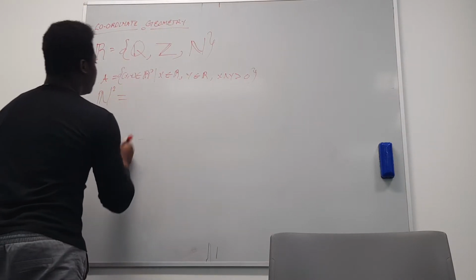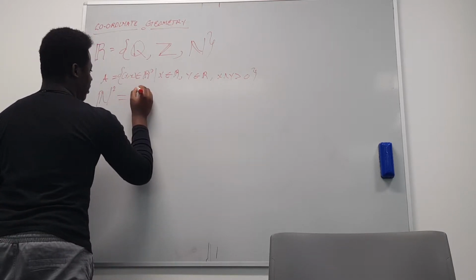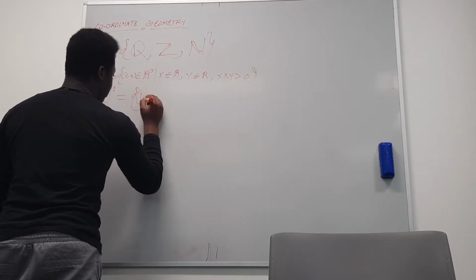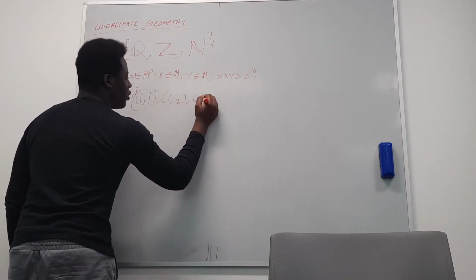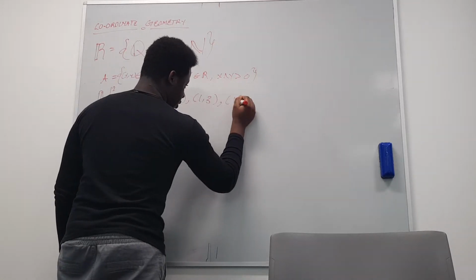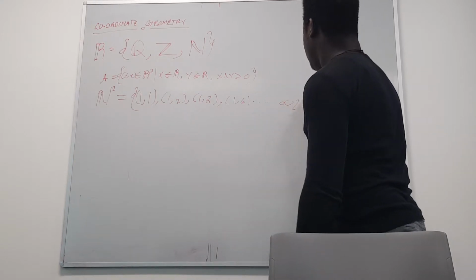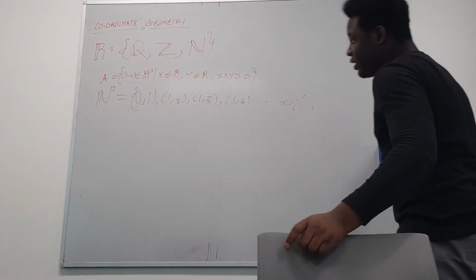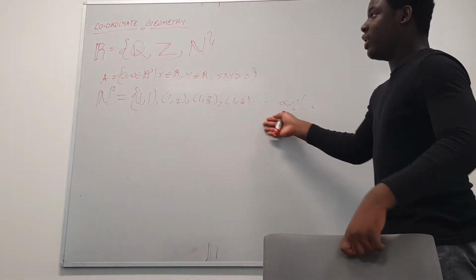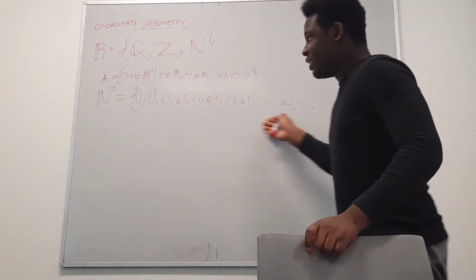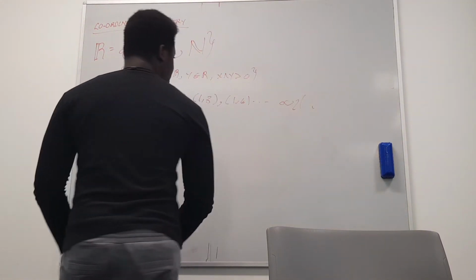Squared is equal to, let's say, 1, 1, 1, 2, 1, 3, 1, 4, 2, infinity, and 2, 1, 2, 2, 3 to infinity, and so on and so forth. So it's very infinite. Just imagine how infinitely large the natural number system is. Then you compare that to the real number system. It's very dense.